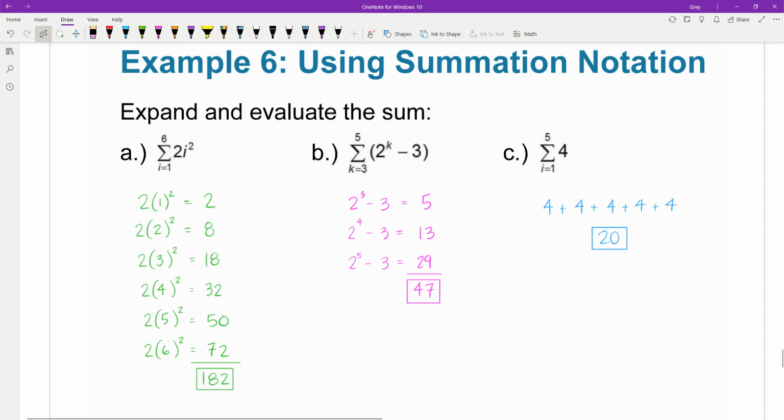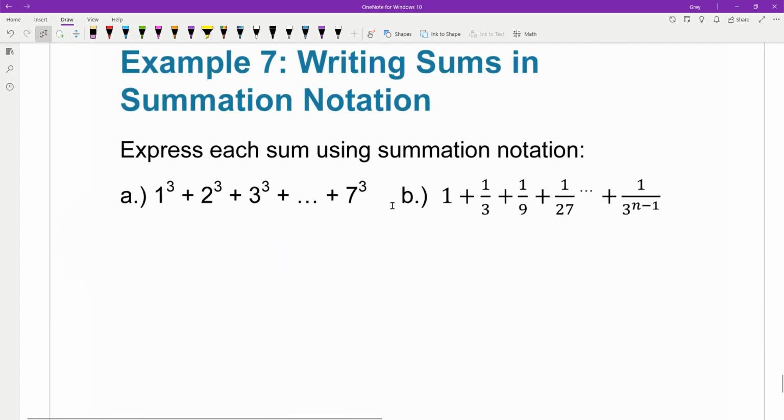All right, last example. That is going backwards, writing sums in summation notation. So it says 1 cubed plus 2 cubed plus 3 cubed all the way up to 7 cubed. So summation notation means I'm going to have that Greek letter sigma. You can use whatever letter, i or k or whatever, but I'm going to start with i, and it is easiest to start with 1.